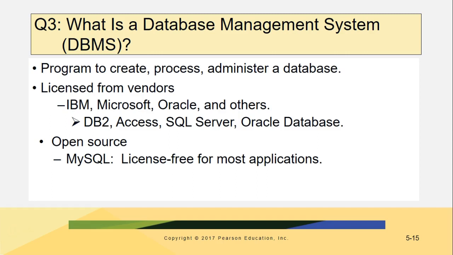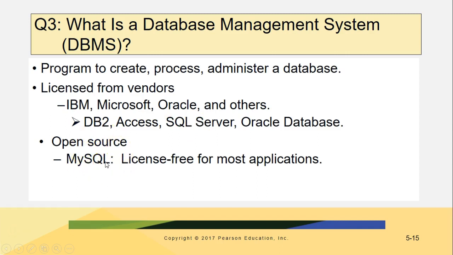DB2 is one from IBM. Access is one that we saw from Microsoft, but they also have others. They have SQL Server. That's a Microsoft, more of an enterprise type of offering. Oracle offers Oracle database. That's a big one in industry. There is also MySQL. Sometimes people say "My Sequel." It's open source.